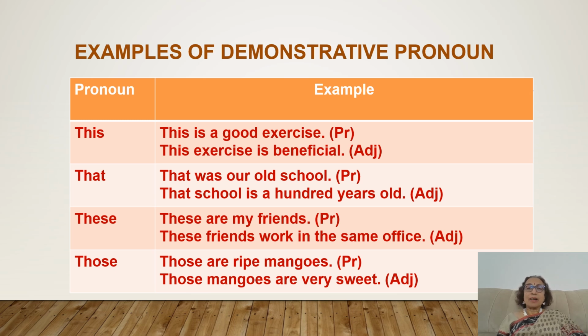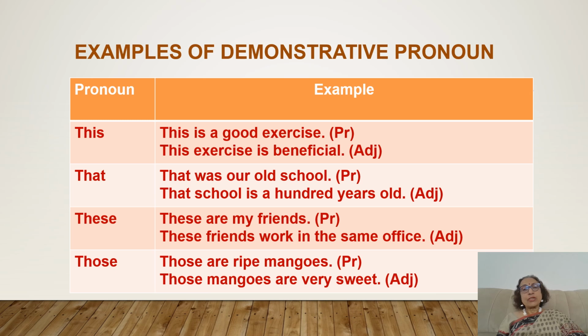If a verb comes immediately behind a word, then that is the noun function, and the pronoun does the noun function. Therefore, if a verb is there behind the word this, that, these, and those, it is a pronoun usage. If a noun is there immediately following it, then it is an adjective usage.